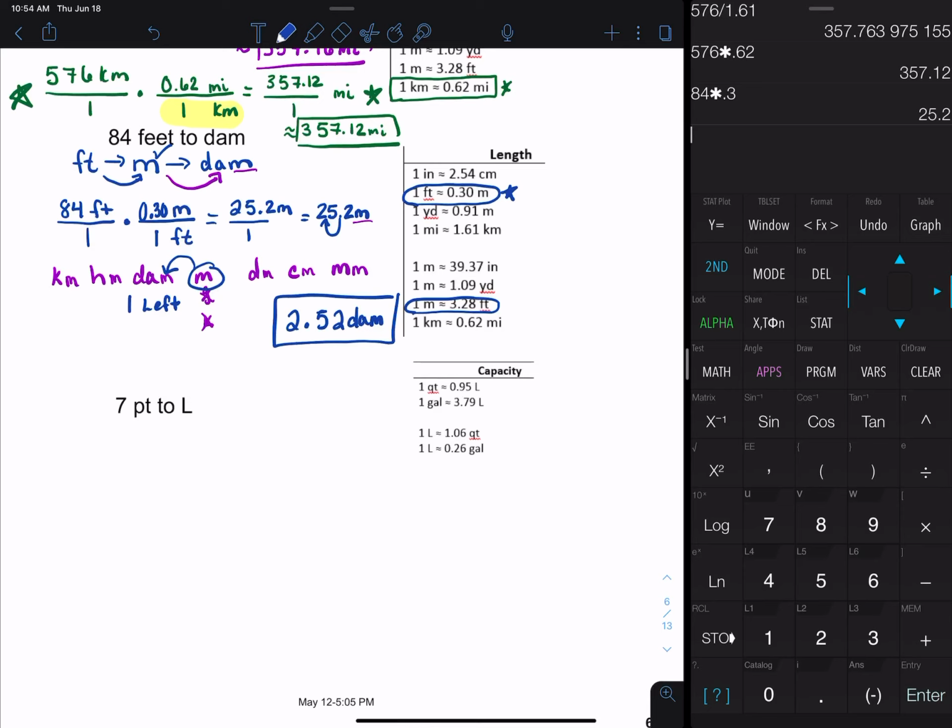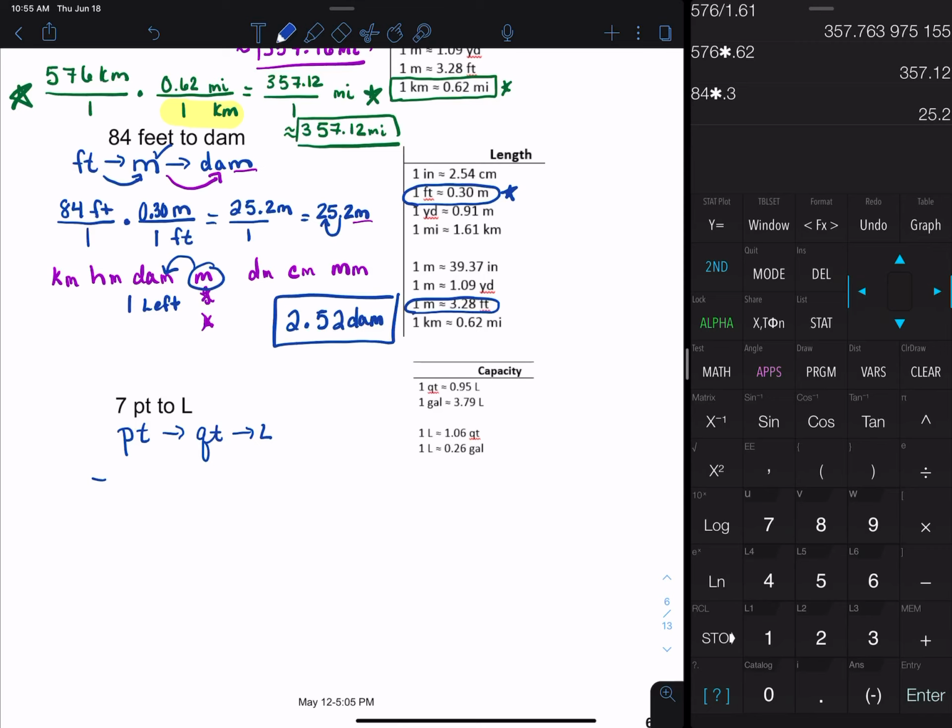So what I'm going to do is go from pints to quarts, because that's the next biggest thing, and then go from quarts to liters. If I wanted to go from pints to quarts to gallons and then go to liters, I could, but it's an extra step and I don't want to do that extra step.